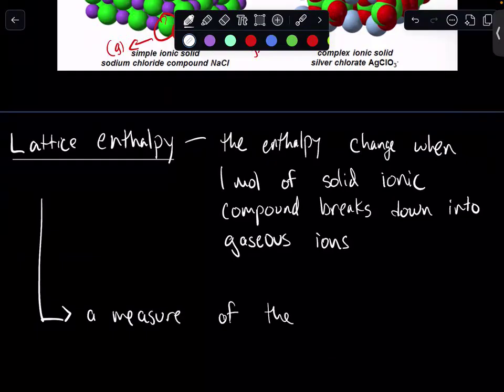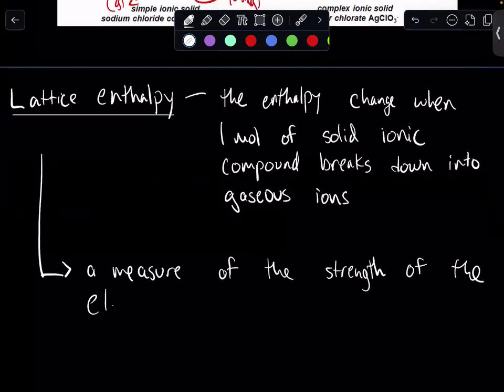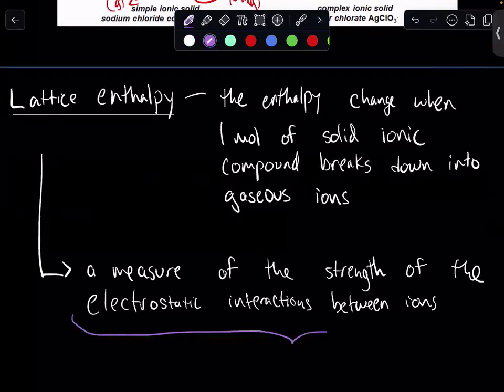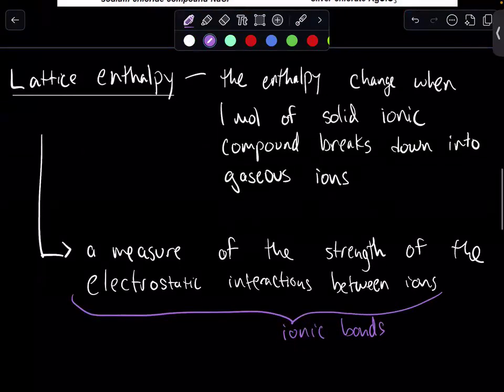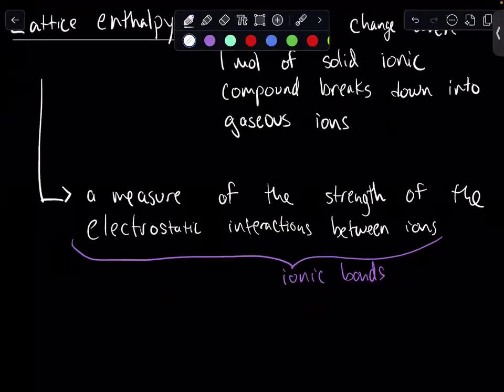So lattice enthalpy really is just a measure of the strength of the electrostatic interactions between ions, which, for the record, the electrostatic interactions between ions is our ionic bonds. So if they have a very high lattice enthalpy, meaning it takes a lot of energy to break those bonds, then we say it's a strong ionic bond.